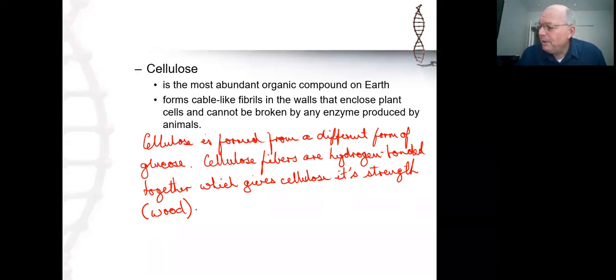The other thing about cellulose, and that's mentioned up here, is that because of this slightly different form of glucose being used, the link between the glucoses is a little bit different. And it turns out that that link, unlike the link between the glucoses in starch and glycogen, which can be broken down by most organisms, the link between the glucoses in cellulose can't be broken down.